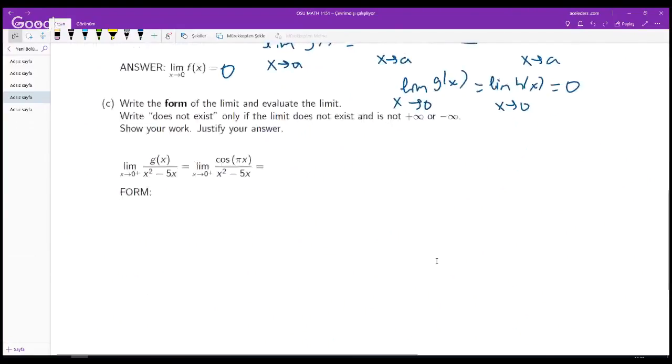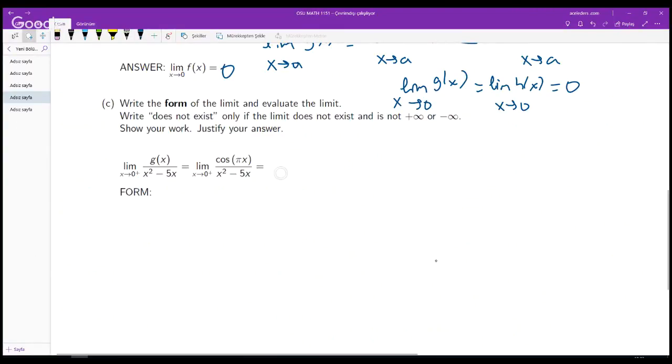And in part C, we have to find the limit of g(x) over x squared minus 5x as x approaches 0, the right-handed limit. So the limit is the limit of cos(πx) over x squared minus 5x. When you have to find the limit, first you just replace the x value in the functional form.